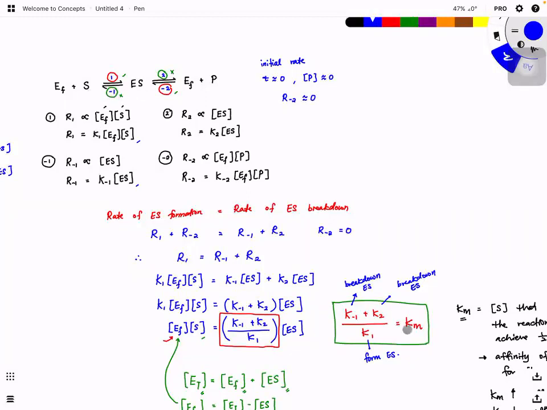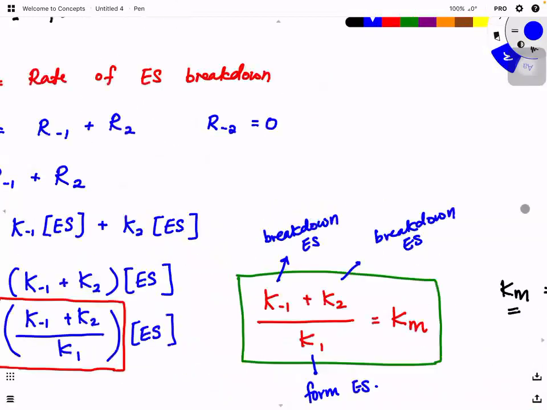K2 also doesn't want ES because it breaks down ES. K1 is the one that wants to form the ES complex. So the top part here is for the breakdown of the ES complex, and the bottom part, the denominator here, wants to form the ES complex. Okay, so now let us look at this. What is this made?